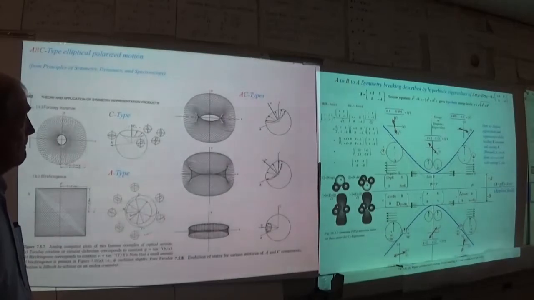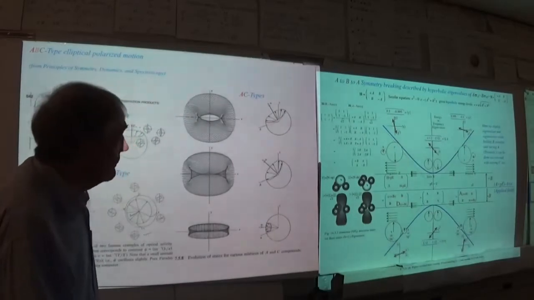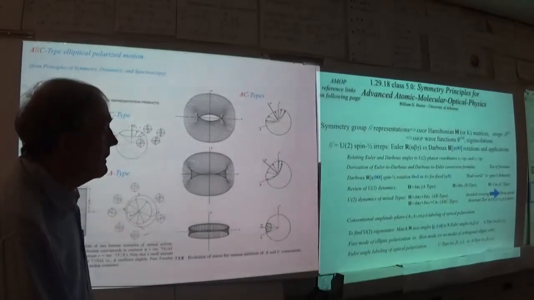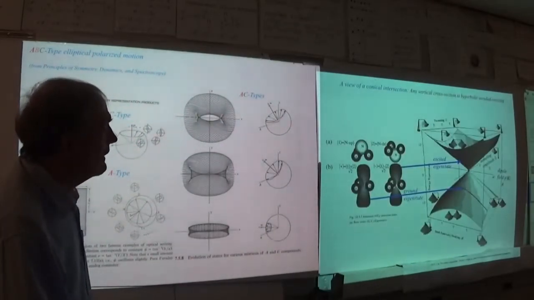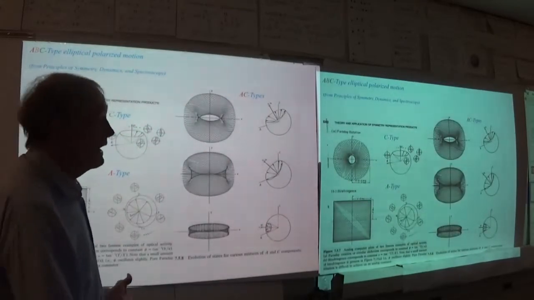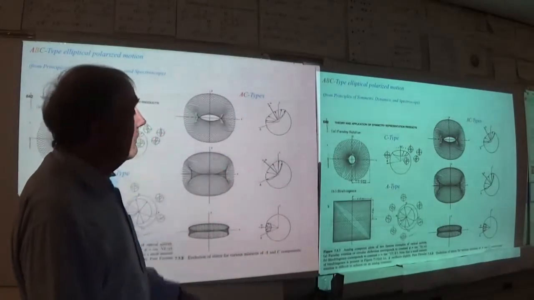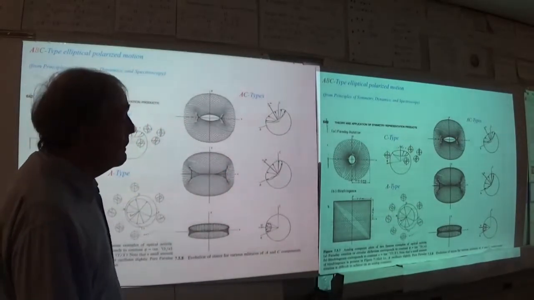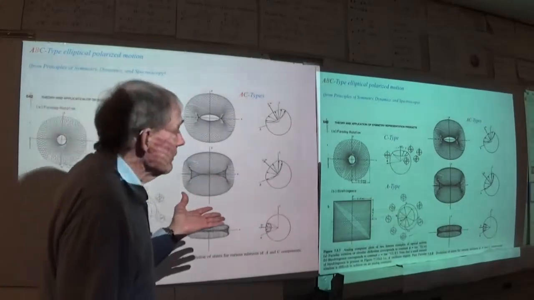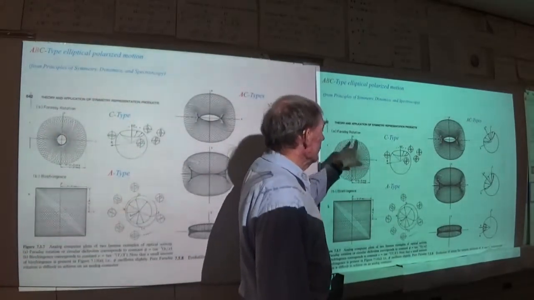Okay, this is something that I thought, just for the fun of it, these two slides that go with this is what I call invariant toroid, just to make a point that we have a mechanical analog, and we're talking about trajectories in an oscillator space. But the thing that we've left out of here is this C-type motion.